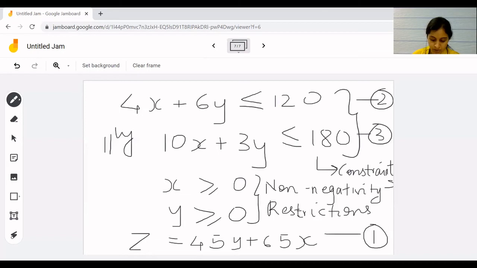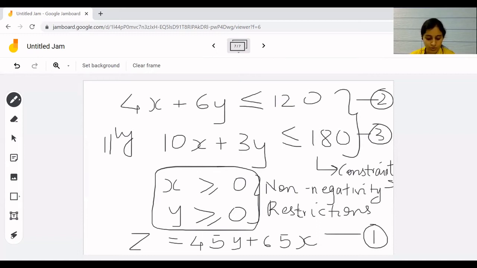The hidden conditions generally involve non-negativity of variables. And don't worry, in this chapter you're only doing non-negative constraints and only two variables. So no more than two variables, and no other hidden conditions would be given to you.